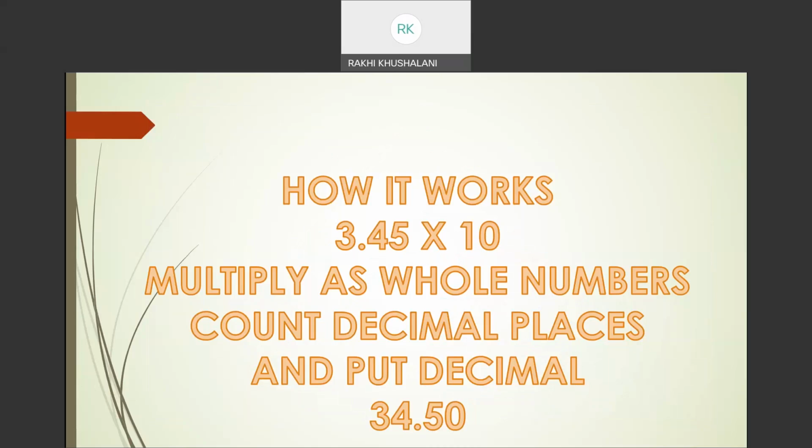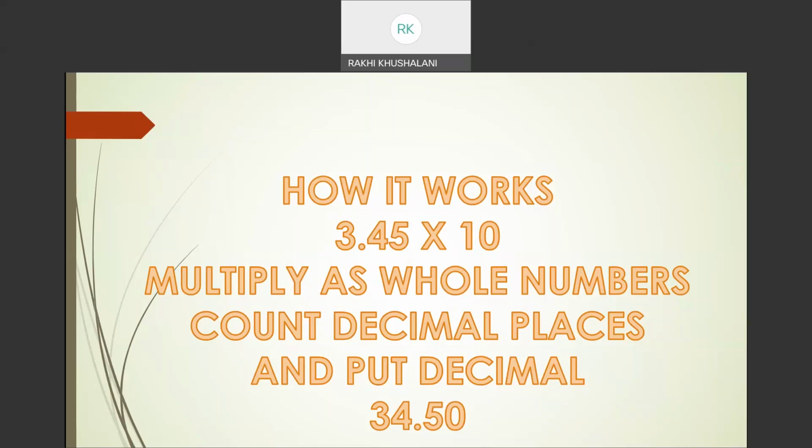How it works, children? 3.45 multiply as whole numbers. 345 को 10 के साथ आप मल्टीप्लाई कर लीजिए. अगर आप जो नॉर्मल हमने ये रूल पढ़ा था मल्टीप्लिकेशन ऑफ डेसिमल्स, काउंट द डेसिमल प्लेसेस, 2 डेसिमल प्लेसेस है, एंड पुट द डेसिमल प्लेसेस. अगर 345 को 10 के साथ मल्टीप्लाई करते हैं तो we get 3,450.